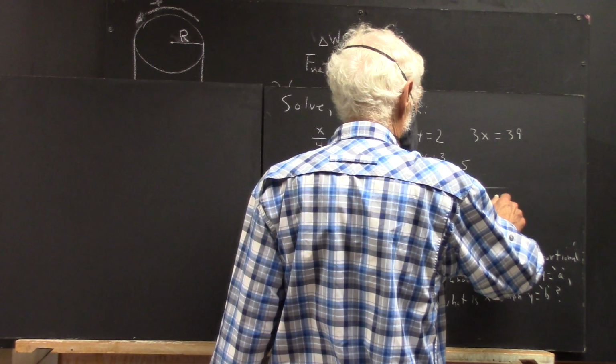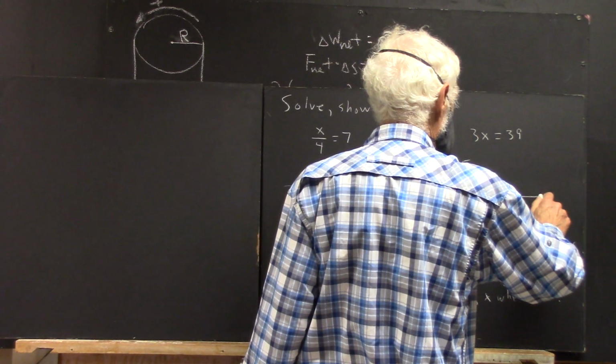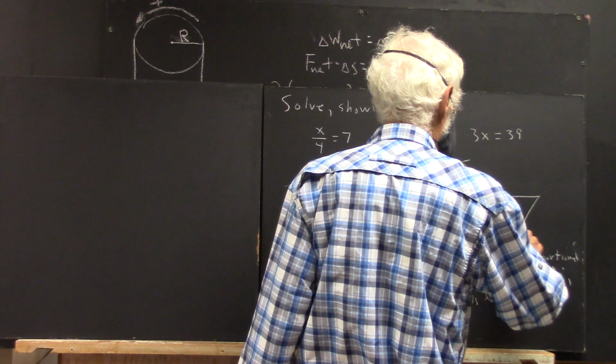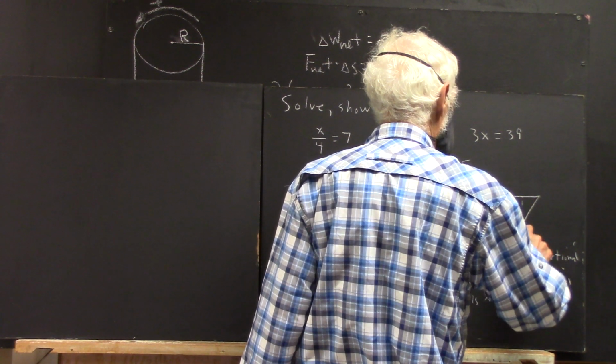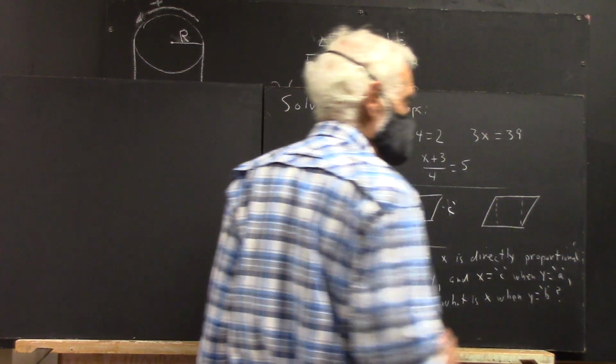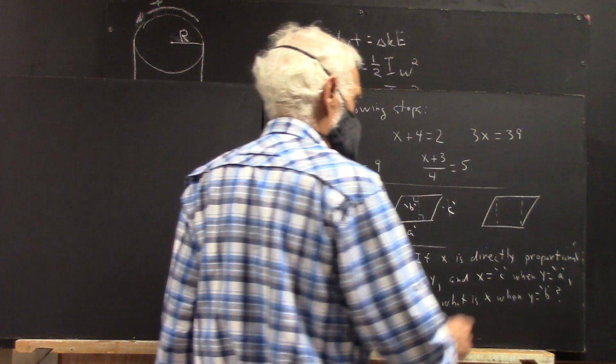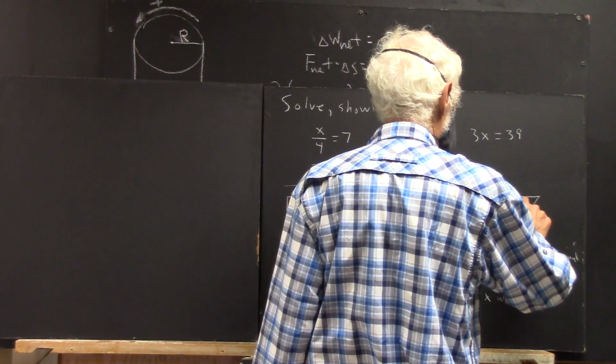Well, as I showed you last time, and you really ought to, if you've got any kind of visual memory, these two triangles are going to be similar, assuming, of course, this is a right angle and this is a right angle.